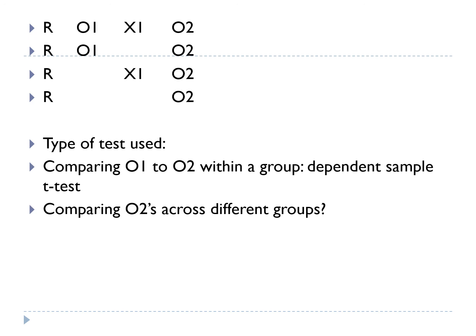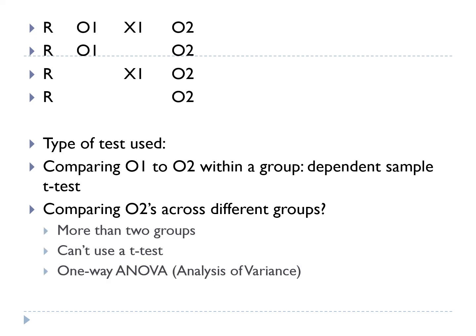If you're comparing O2 to O2 to O2 to O2, that is actually comparing 4 groups now instead of just 2. And as a reminder, you can only do a t-test of independent means when you're dealing with 2 groups. So in this particular case, you would use a one-way ANOVA. A one-way ANOVA is the sort of test we would run when you have more than 2 groups and you want to compare them to one another. So you could do a one-way ANOVA to test the differences across all 4 of these.